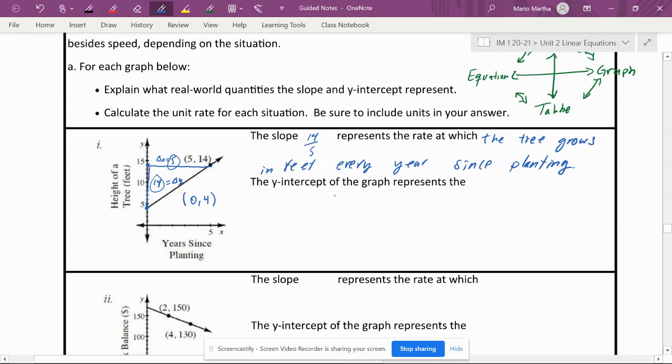And then the y-intercept of the graph represents what? So again, if you identify it here, our initial value, it says years since planting. So our y-intercept would be the height of the tree when it was planted.